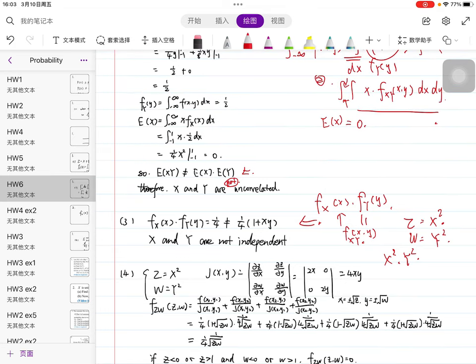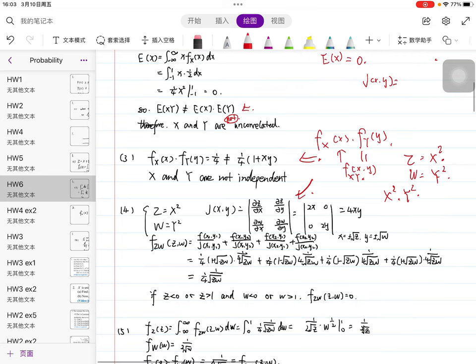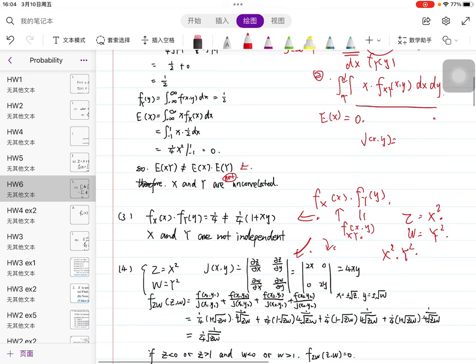Firstly, we calculate the Jacobian matrix: take the derivative of z with respect to x and y, and of w with respect to x and y. Then the determinant equals 4 times x times y.